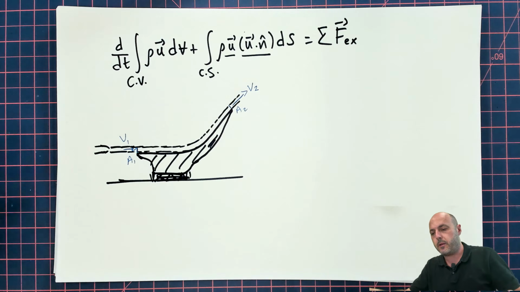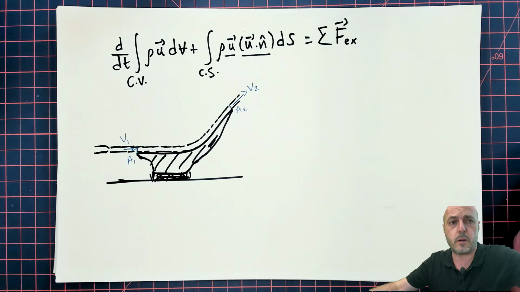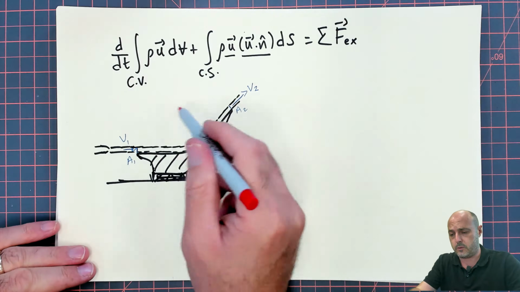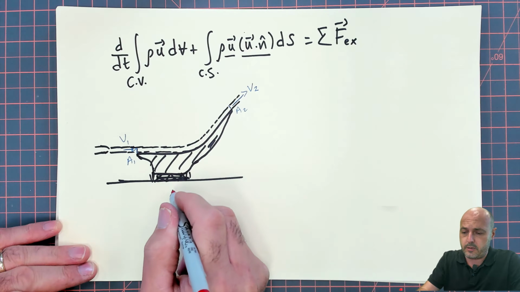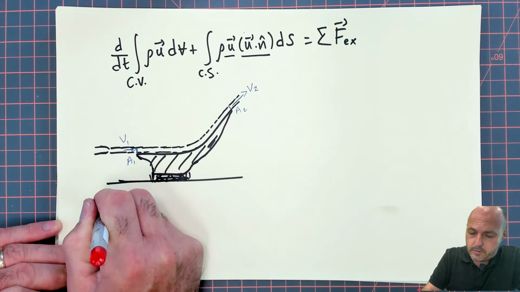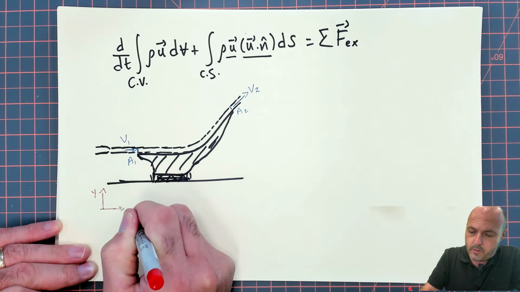There's tremendous choice in how you choose a control volume. It can cross a solid, and it crosses inlet and outlet boundaries. In this case, we're going to pick one that does just that, because we're interested in the force exerted by this jet on the vane and how much anchoring force is going to be needed. So we take our coordinate system, x, y.